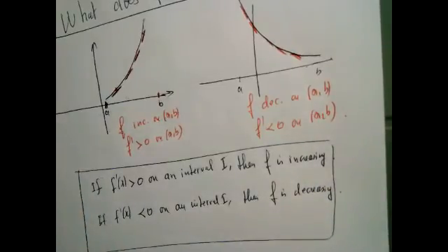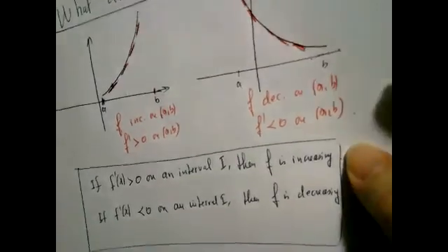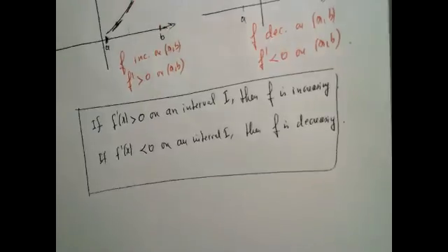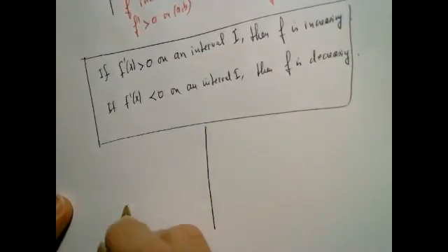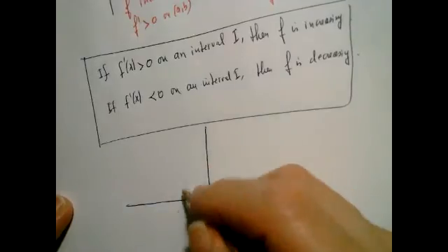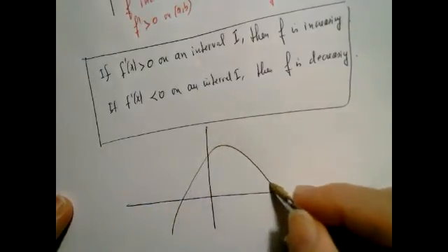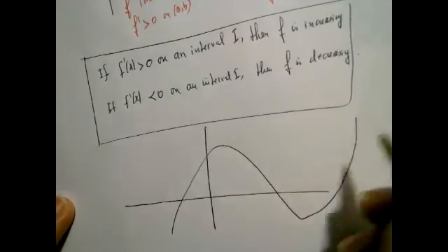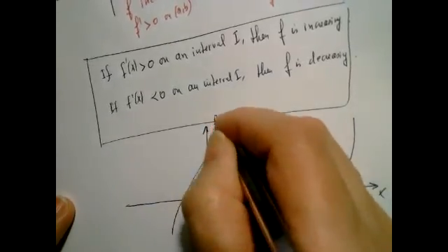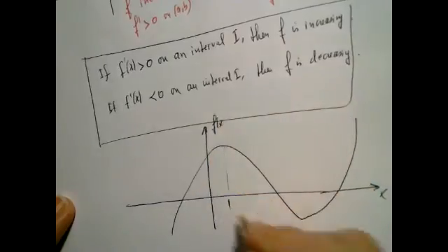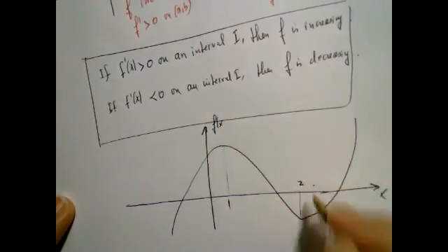Okay, so let me now ask you some fairly simple question. Okay, two simple questions. So suppose I give you the graph of a function, and very simple graph. So that's the function, that's the input is f. And let me give you some values, 1, 2.